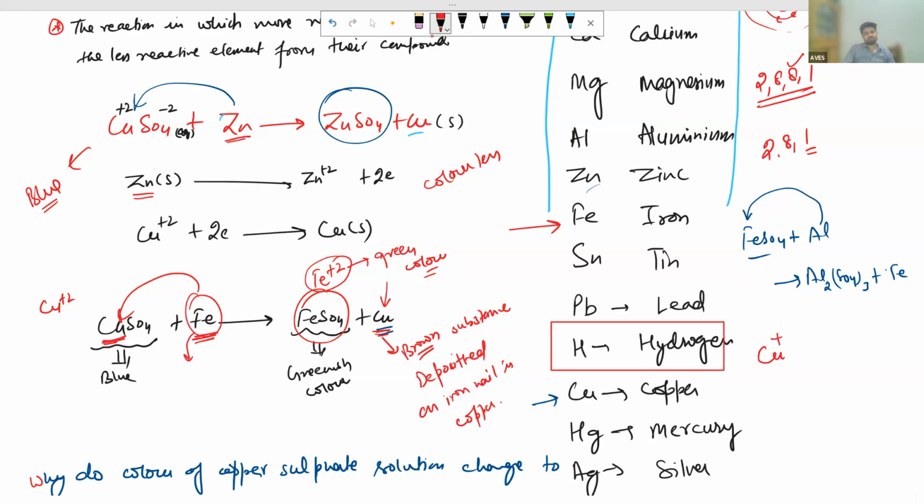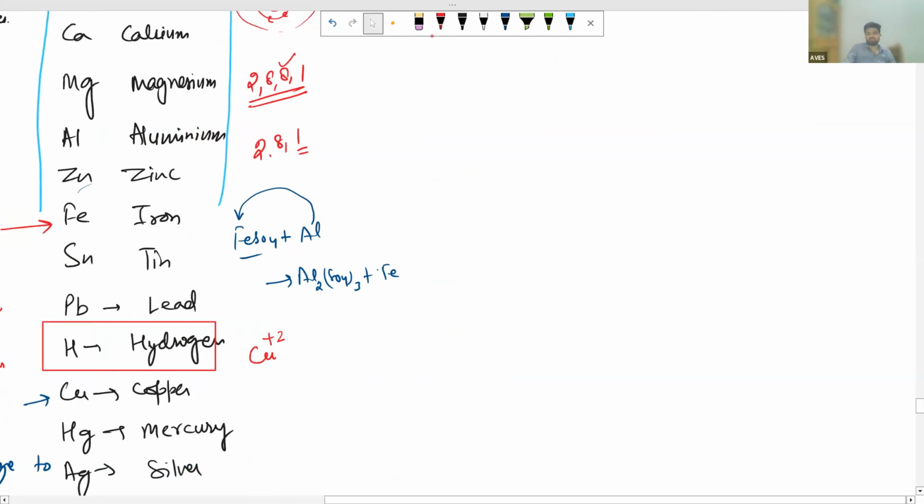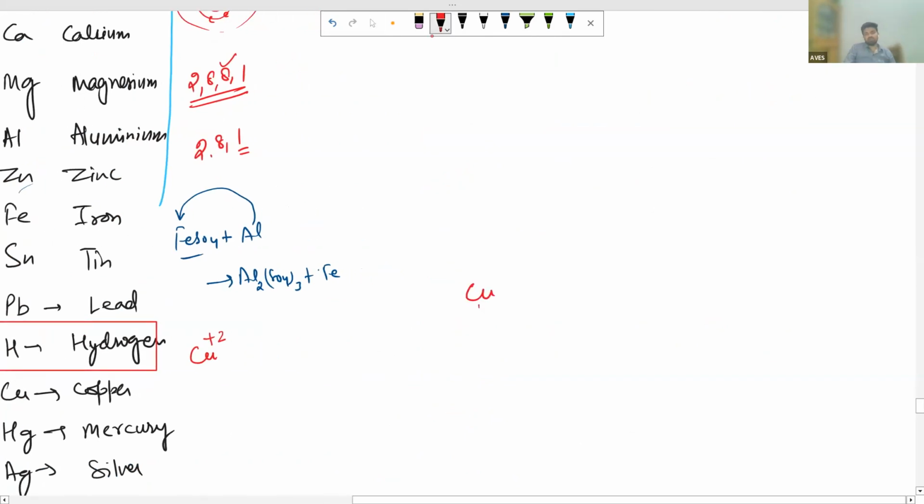Actually, in copper sulfate, copper is present in the form of Cu2+. This is the copper ion, and the copper ion is blue in color, while copper solid is brown in color. Let me explain: if the atom of copper is losing its electrons, the atom of copper is brown in color.